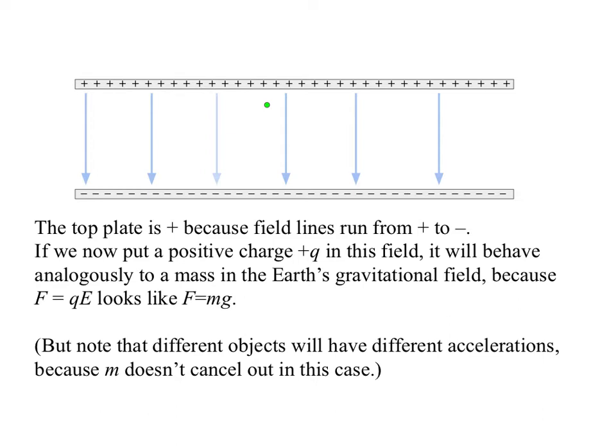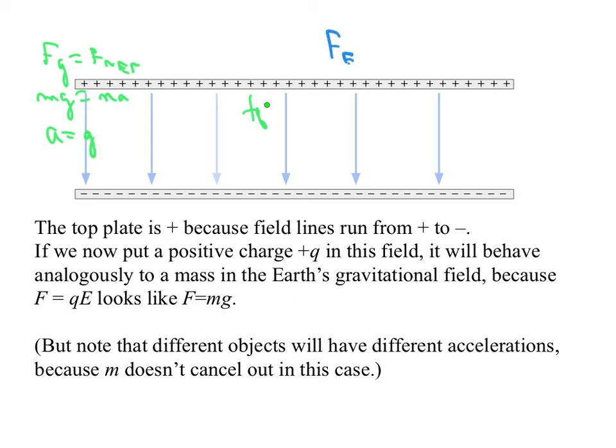If we now put a positive charge plus Q into the field, it will behave analogously to a mass in the Earth's gravitational field, because F equals QE looks like F equals mg. Although note that for gravity, we'd have Fg equals F net, or mg equals ma, and we find that everyone gets the same acceleration.